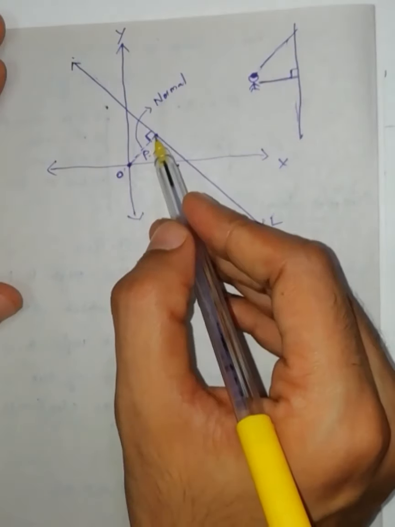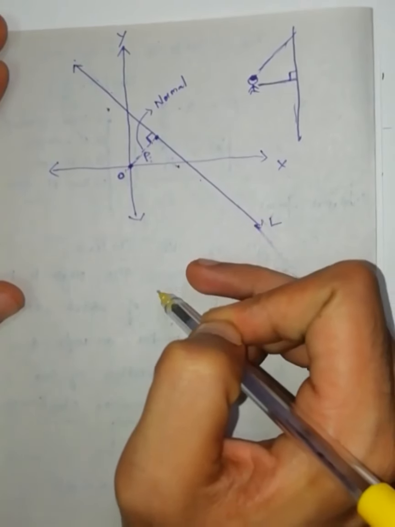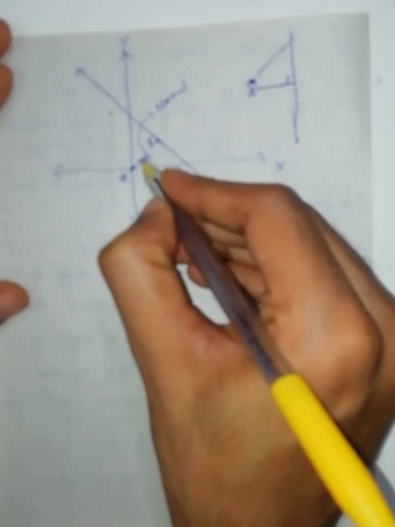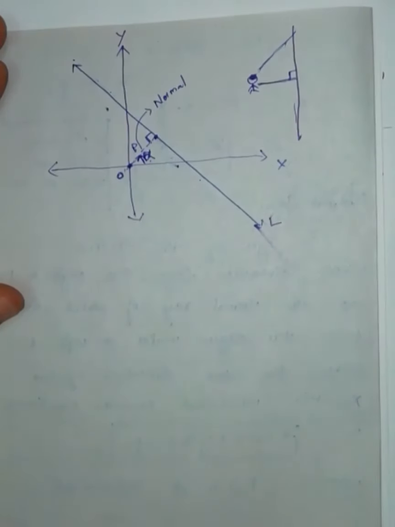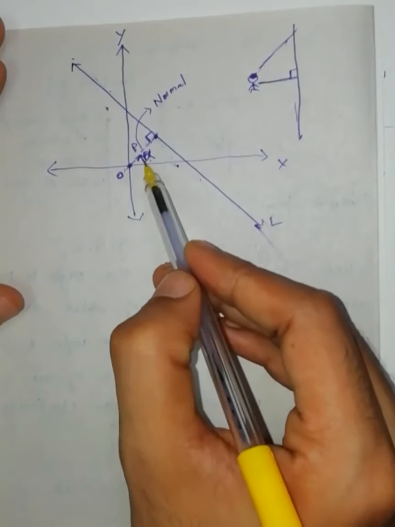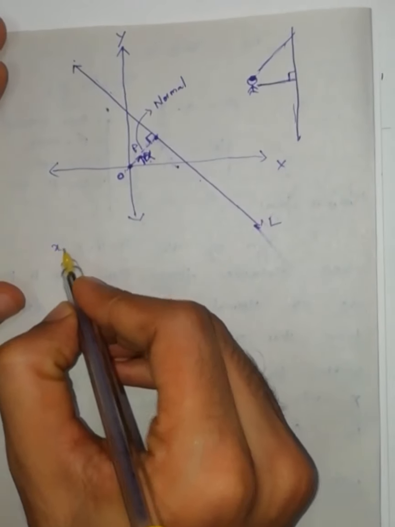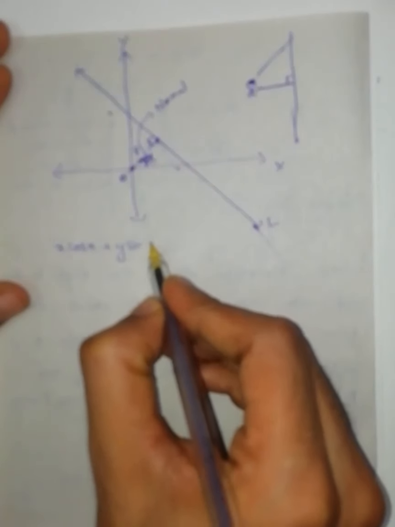If we know the distance between the line and the origin, that is P, and if this normal makes an angle alpha, then we can use directly the normal form, that is x cos alpha plus y sin alpha is equal to P. What is alpha?